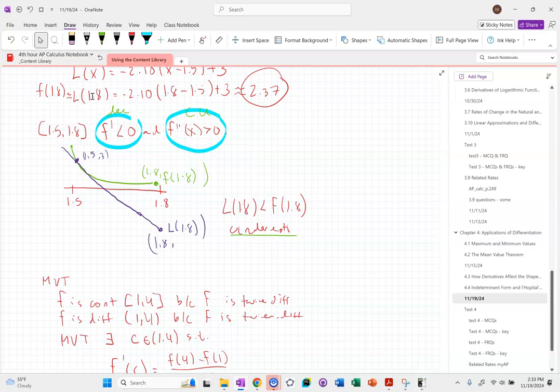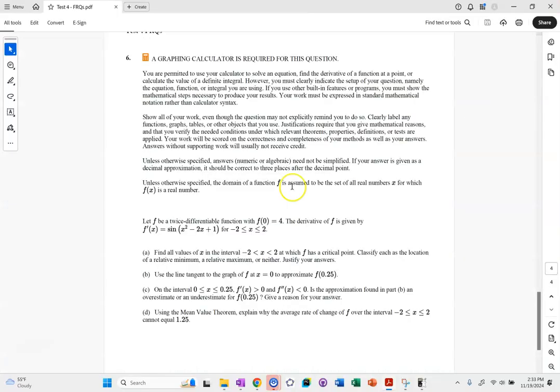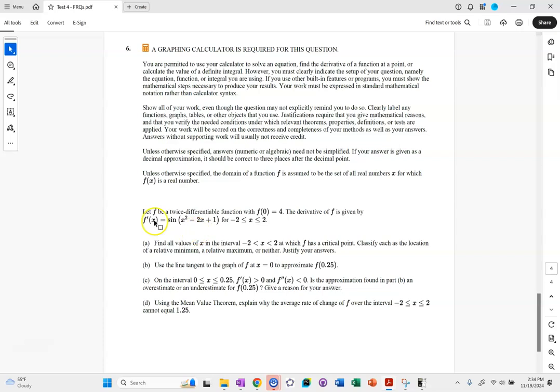That was a good in-depth one to talk about, right? If you look at number 6, Maria, let me just drag it over here real quick. It's virtually the same question, but here it's just sine of a polynomial. This one, at least the mean value theorem parts, is totally doable without a calculator, right?